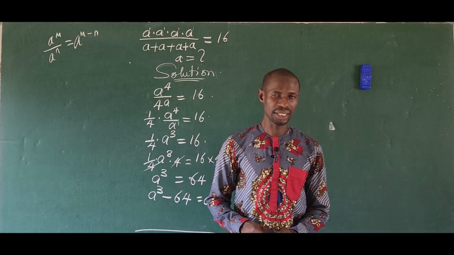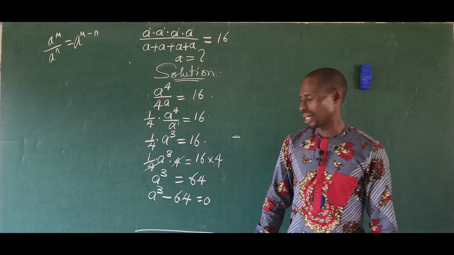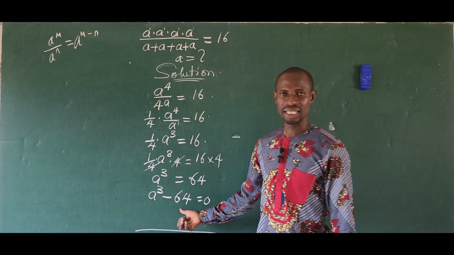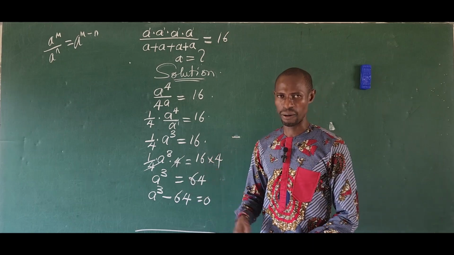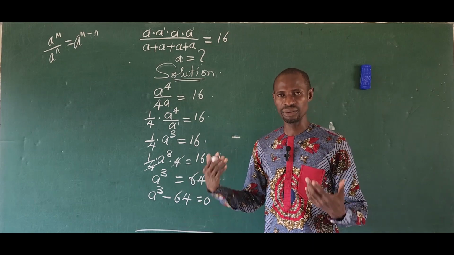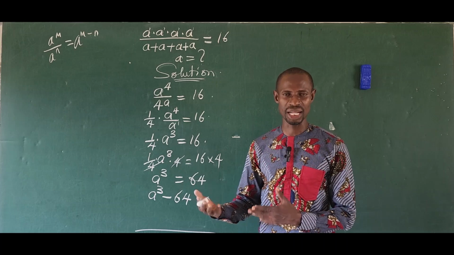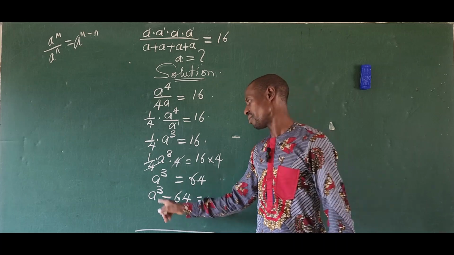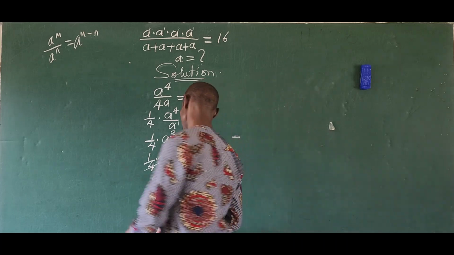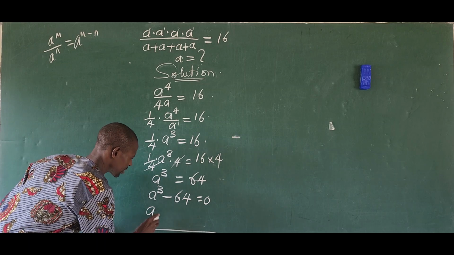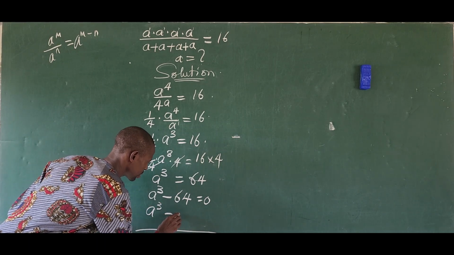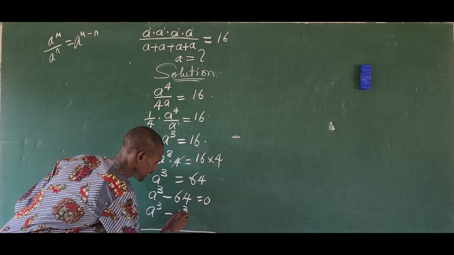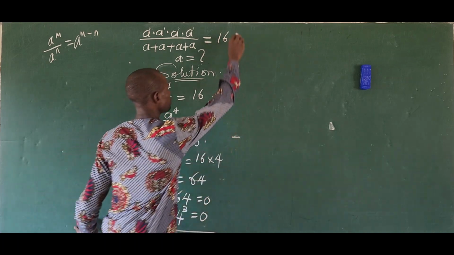So having this, what comes to mind is, can we express 64 in a number that we can raise to 3 to give us 64? Yes. If we raise 4 to the power of 3, that will give us 64. And here we are having a power of 3. So let's go ahead and do that. This is going to give us a to the power of 3 minus 4 to the power of 3 equal to 0.